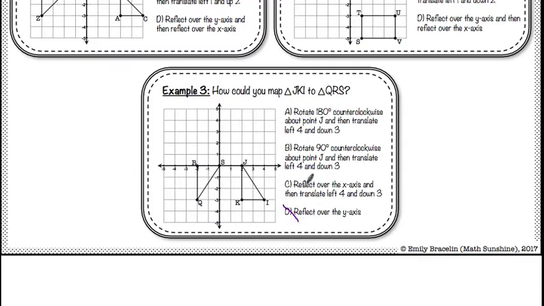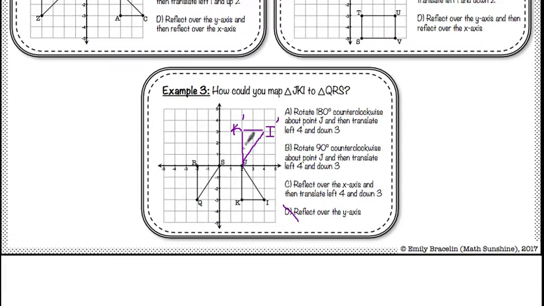What about C? A reflection is a relatively simple transformation, so let's start with that. Maybe it's the correct answer. If I reflect JKI over the x-axis, then I end up with a triangle that is 3 units tall and 2 units wide, and it looks like this. And this is K, and this is I prime here.